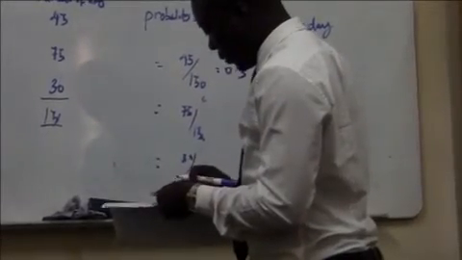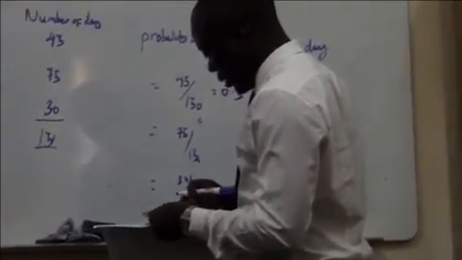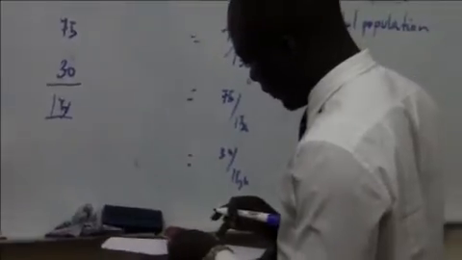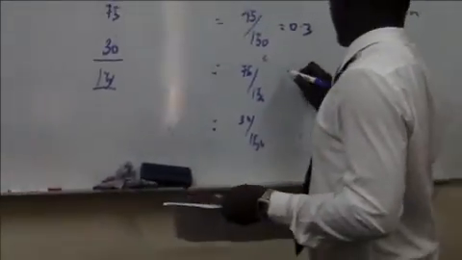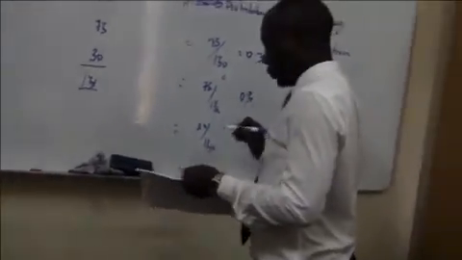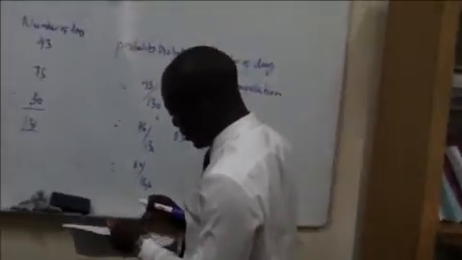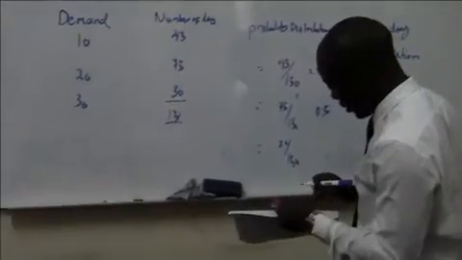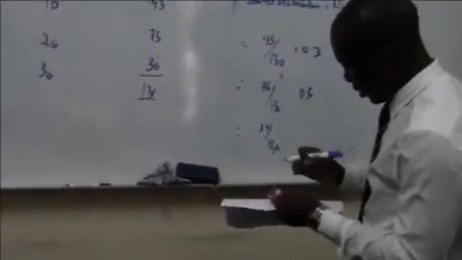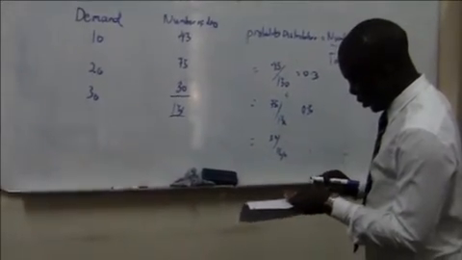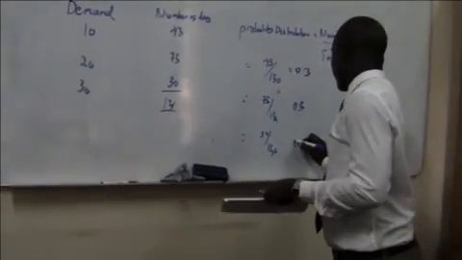Then my 75 over 150, 75 divided by 150, gives me 0.5. Then my 30 divided by 150, 30 by 150, gives me 0.2.